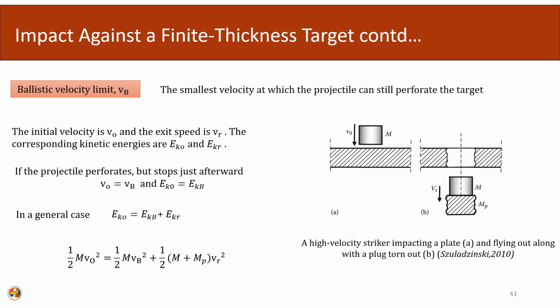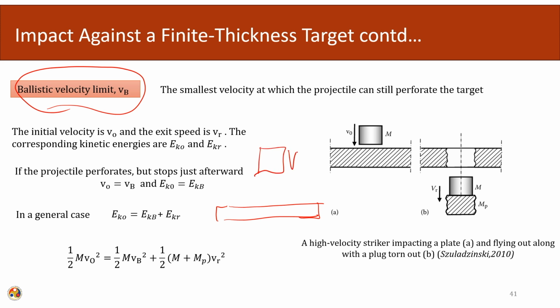Moving ahead, what is the ballistic velocity limit? Here we are trying to give some key concepts. One key concept is the ballistic limit velocity. What is it? This is the smallest velocity at which the projectile can still perforate the target. Let us say my target is very thin and made of a very weak material, and my impactor has a very high velocity.